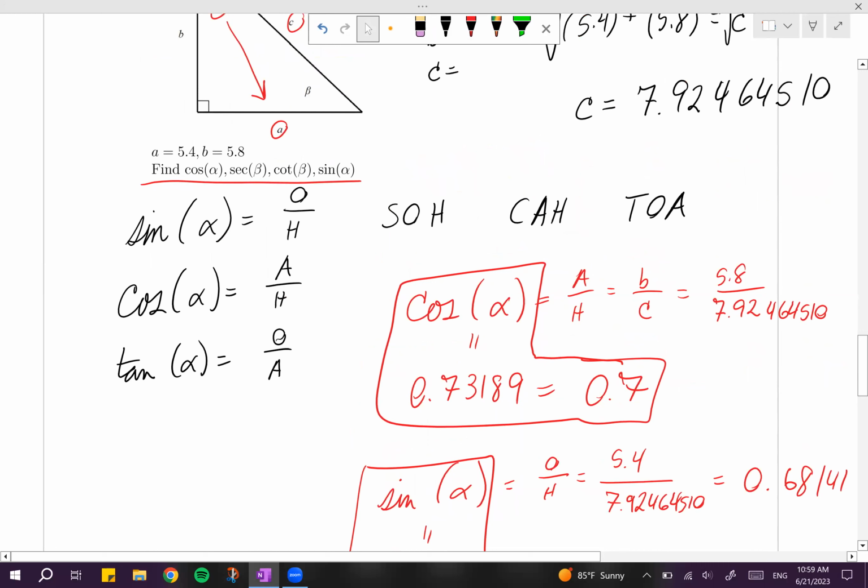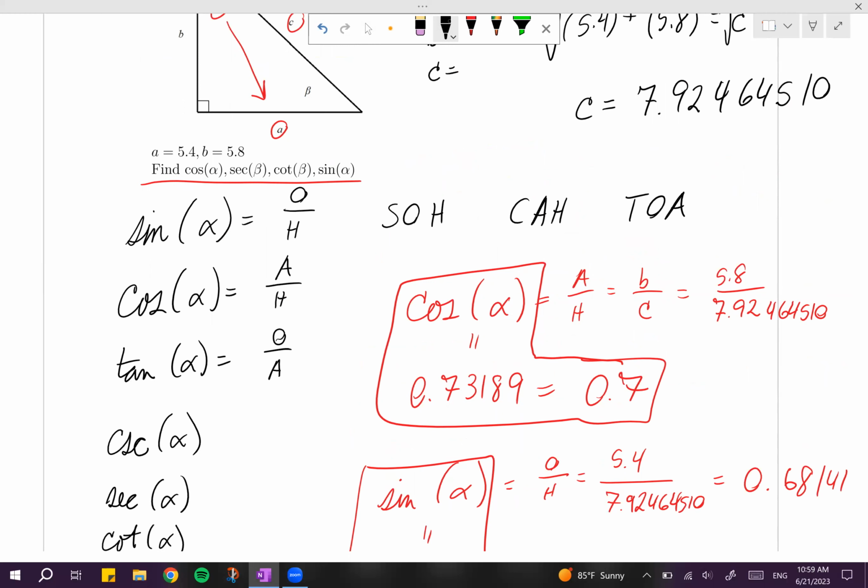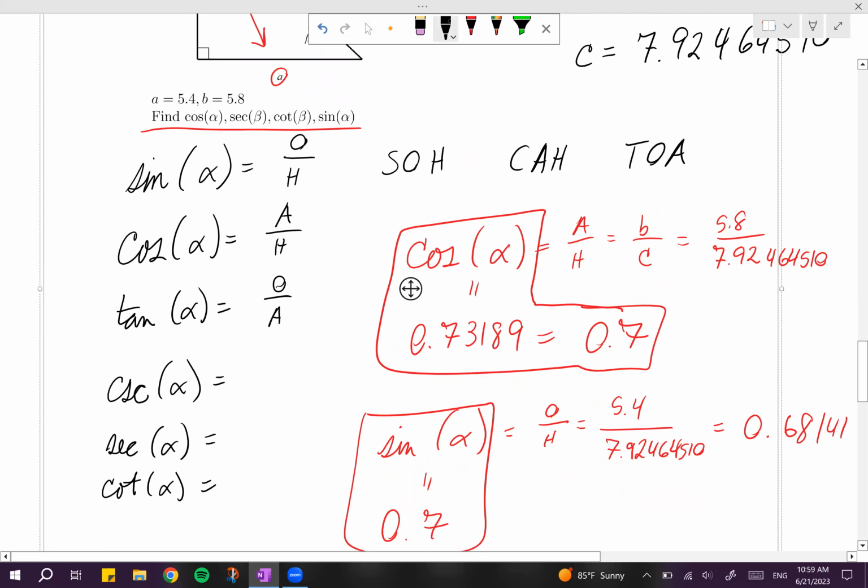Now that we've done sine, cosine, tangent, we can talk about cosecant, secant, and cotangent. Cosecant is the inverse of sine.